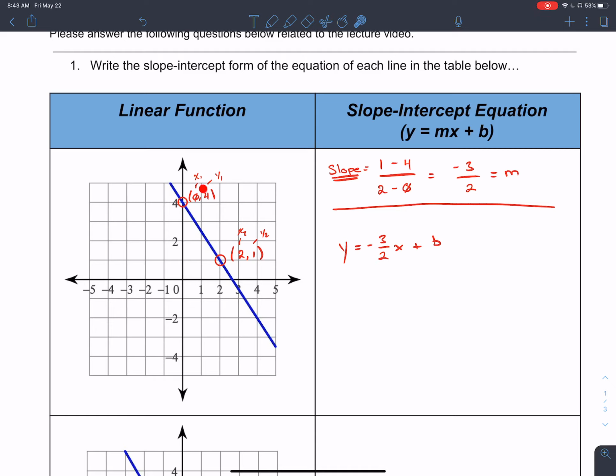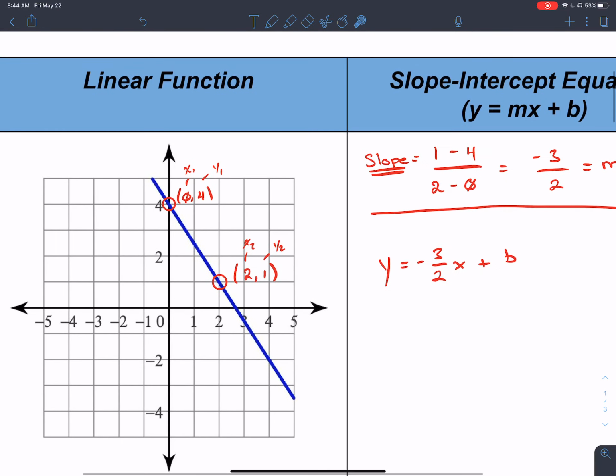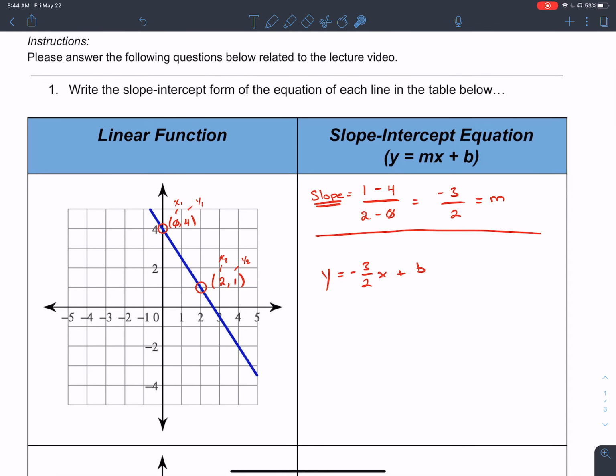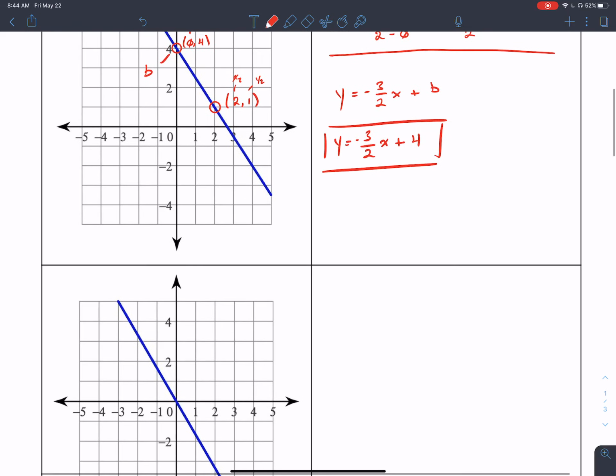You can plug in one of these 2 points into this equation and solve for it, or you can look on the graph right here and you see that, hey, we crossed the y-intercept at 4. So that's our y-intercept. This is also b. It crosses at b. And that is all there is to that first one there.